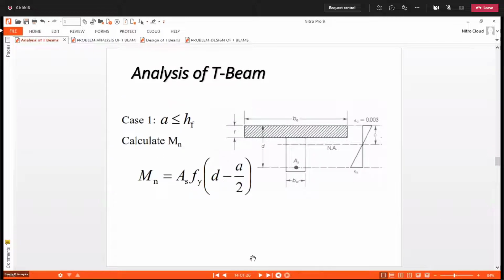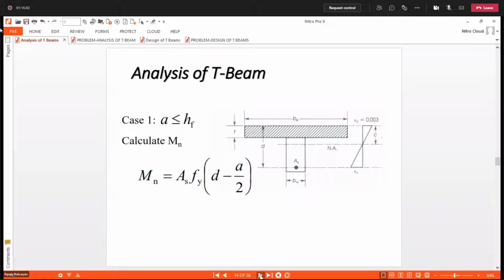Once you have confirmed that your steel yields and a is equal to or less than hf, you may use this formula. But if your steel does not yield, you better solve for fs. That's how you do it.